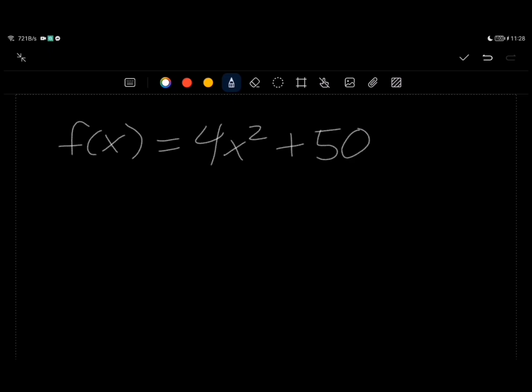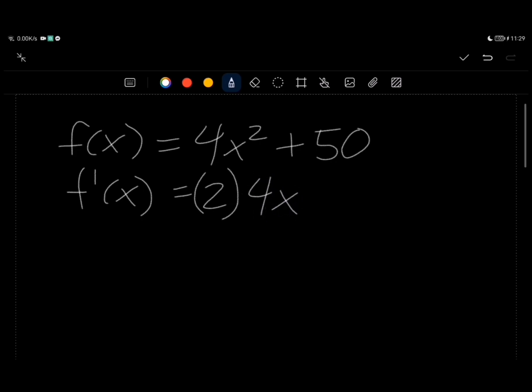We're going to write f of x as f prime of x, and then copy the exponent, which is 2, and close it with the parenthesis, times the variable, which is 4x, and then copy the exponent again, which is 2, and then subtract it by 1.